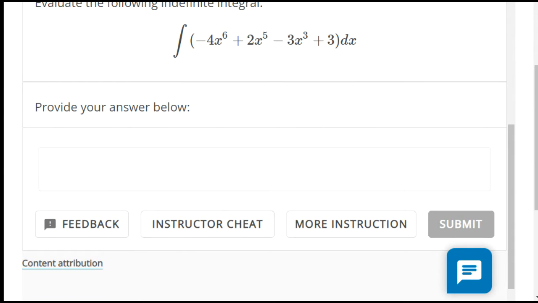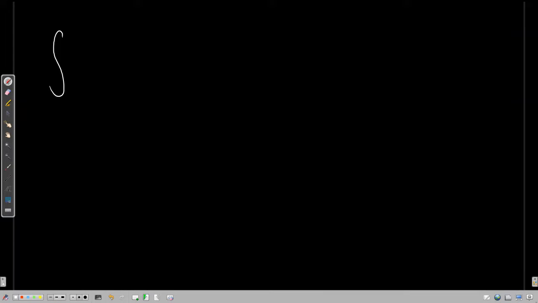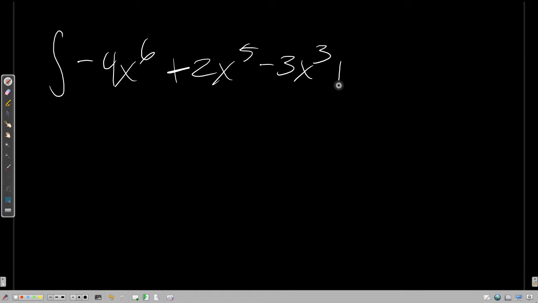Evaluate the following indefinite integral. So we want to integrate term by term of a minus 4x to the 6 plus 2x to the 5th minus 3x cubed plus 3 with respect to x.